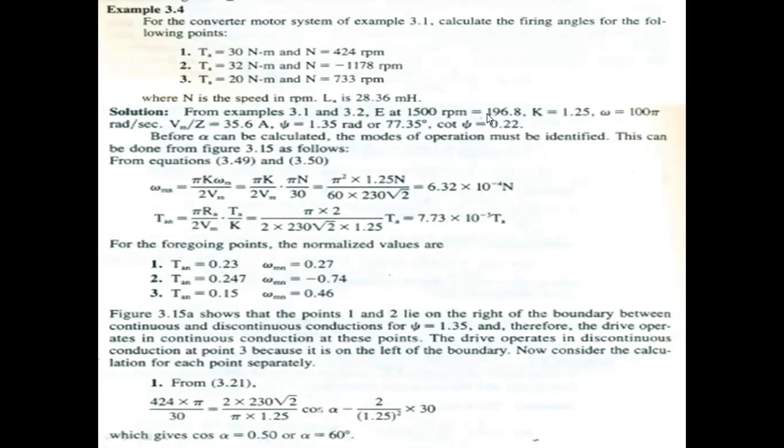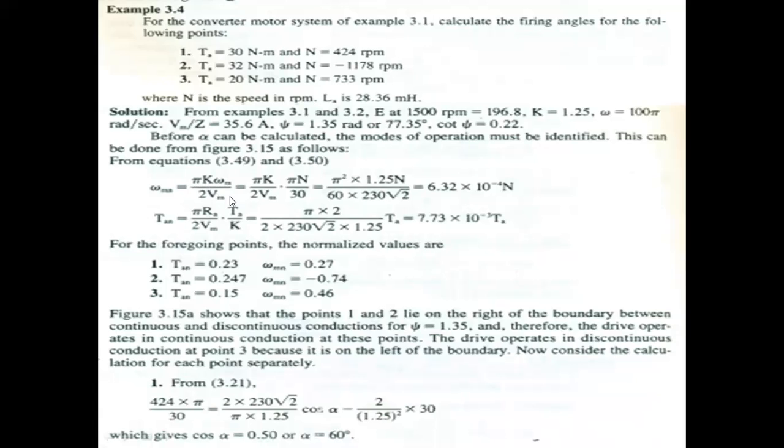We have to find this mode by equations. This can be found from figure 3.15. In previous classes, if you see the figure, you will know 3.15. From equations, this is the 49th equation and this is the 50th equation. From these two equations, we will get omega ms and TAS, where omega ms is equal to pi K omega m by 2 Vm.